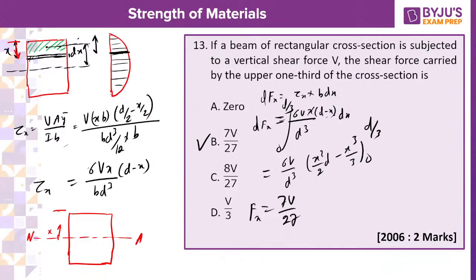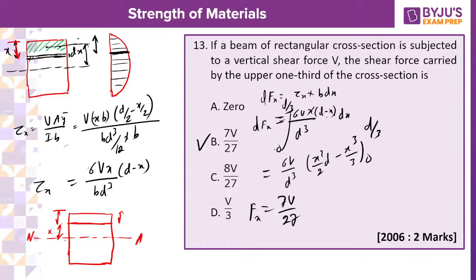The integration will depend now, and similarly the area and everything also will depend now, right? At x distance, if you want to take that, this area will be different because this is x, so what will be this width? It is depending on how you have taken the reference. I have taken it from the top. You are asking why I cannot take from d by 2 to d by 6?